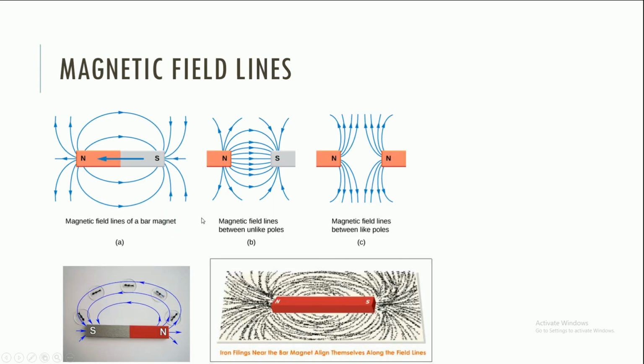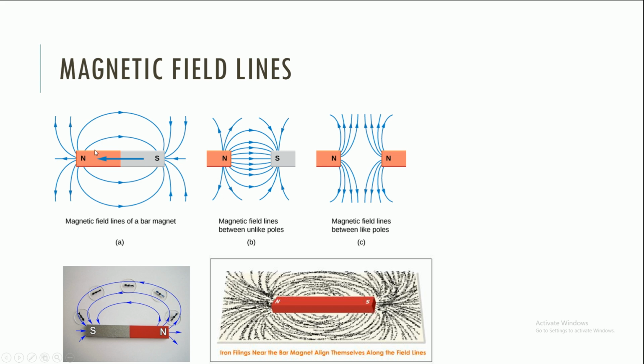And so I suppose the important thing here would be to understand how to draw magnetic field lines. I think this first image is probably the most important for you because this bar magnet is what we are all familiar with. A bar magnet, as with any other magnet, will have a north and a south pole. And so if you draw the field lines horizontally, you'll always get the field lines going from the south to north.